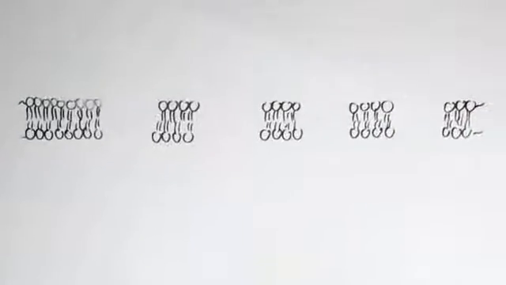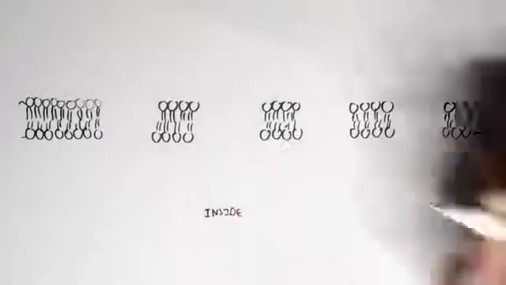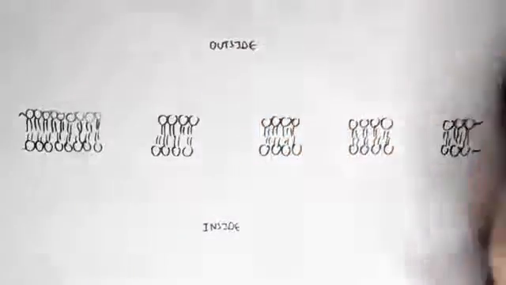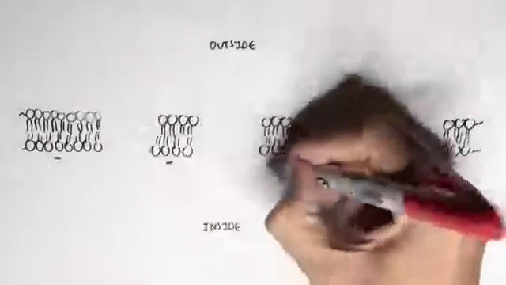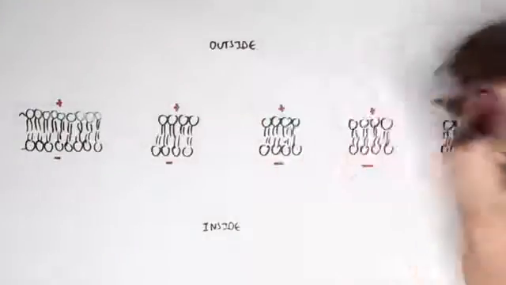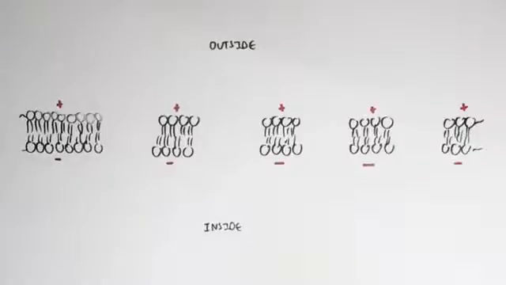Here we have the inside and here we have the outside of this heart cell. In the heart cells, at rest, essentially just after the heart has finished pumping the blood out, the inside of the cell membrane is negative with respect to the outside, and therefore the membrane potential is usually negative.